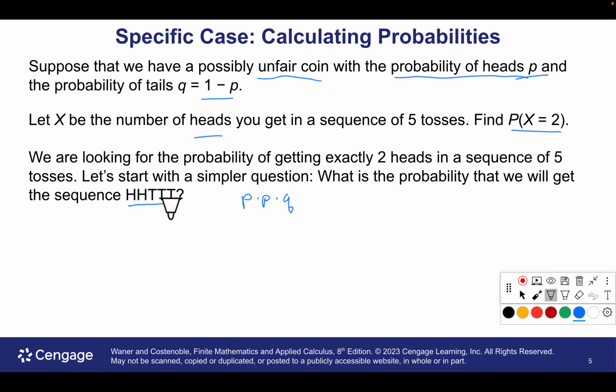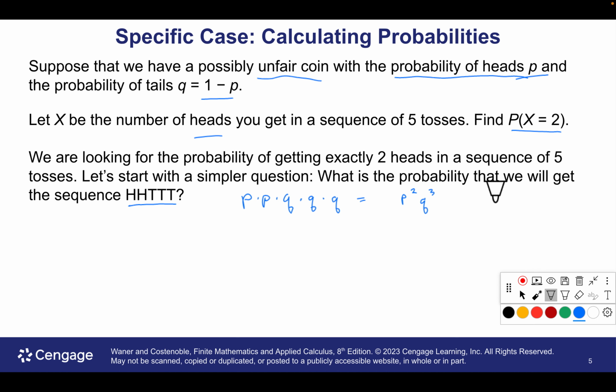And then the fourth tails happens because there was a probability of Q, and the fifth tail was a probability of Q. And so the probability of this particular thing happening is P squared Q to the third. Okay. And if they gave us what P and Q were, we could calculate that. But that's only that one possible way because of that order, right?